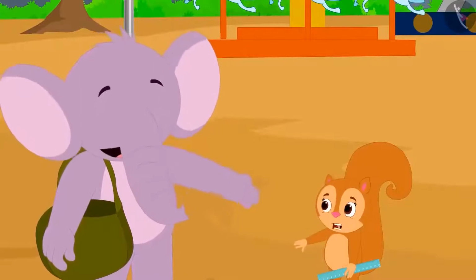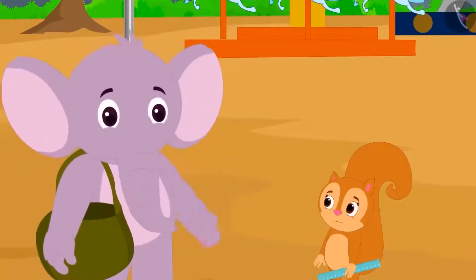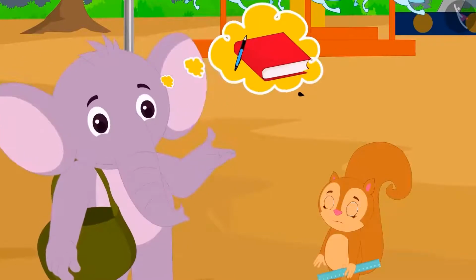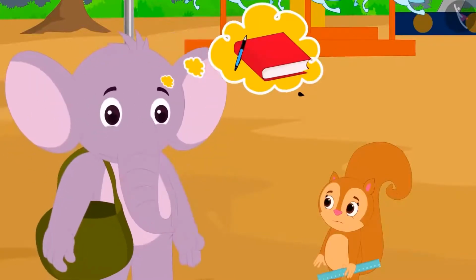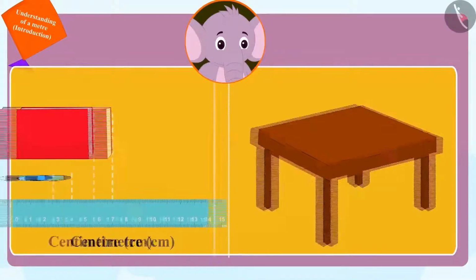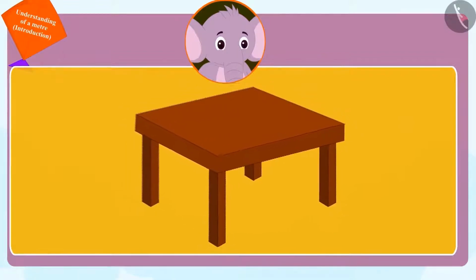When Chanda asks him why he is laughing, Appu told her that she could only measure the length of small objects like pen, notebook, etc. in centimeters with the help of ruler. But to measure the length of large objects, she has to use a meter.